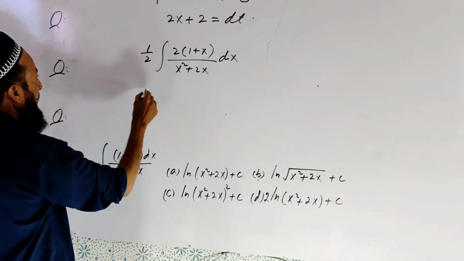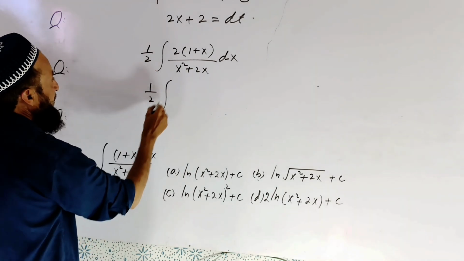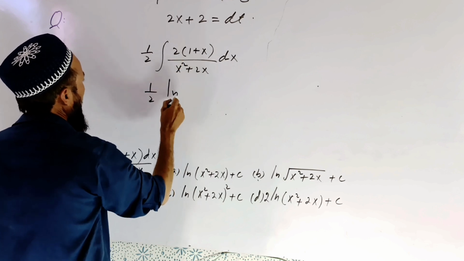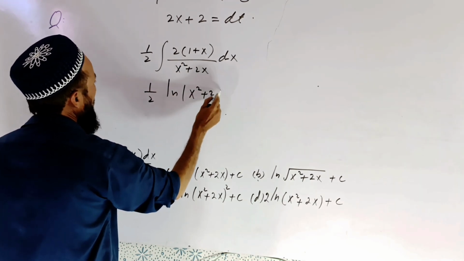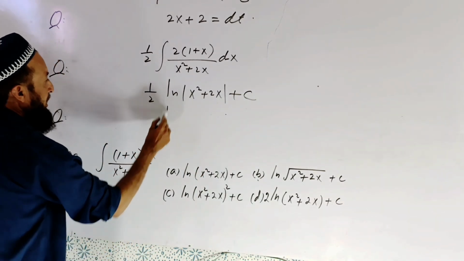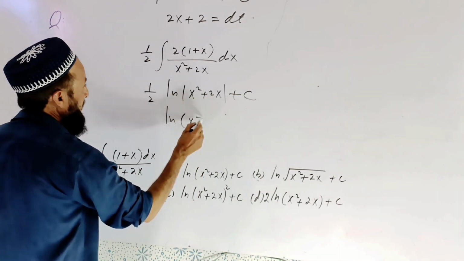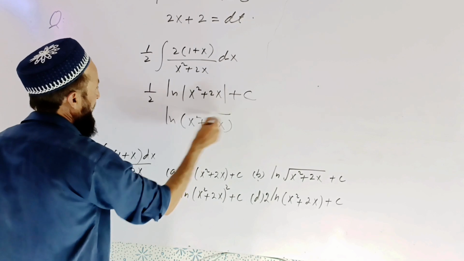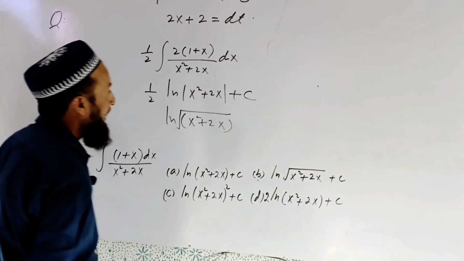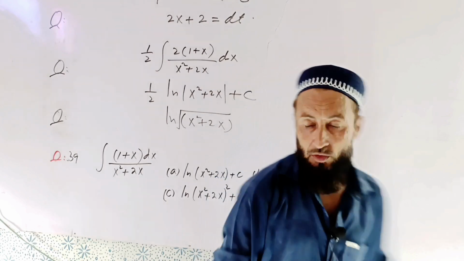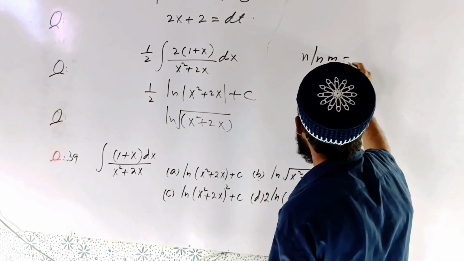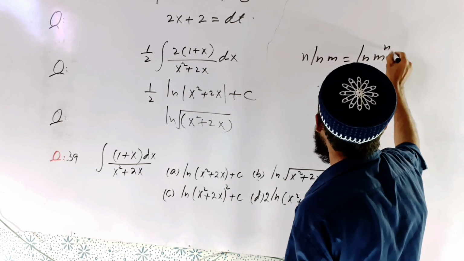Here the 2s cancel, 1 by 2 integration of dt over t, so we can write 1 by 2 log of x square plus 2x plus c. Now we can also change this into square root form, because 1 over 2 we can write using the rule n log m is equal to log of m power n.